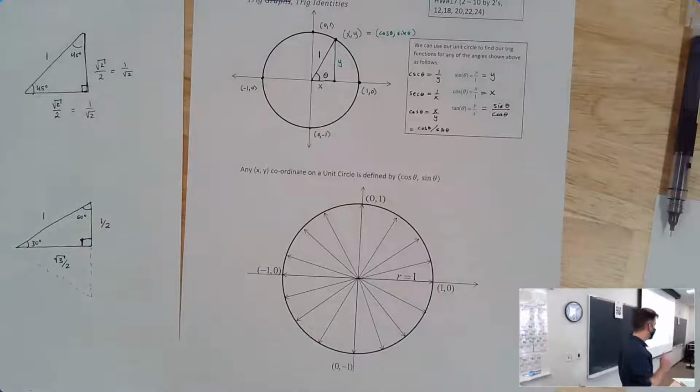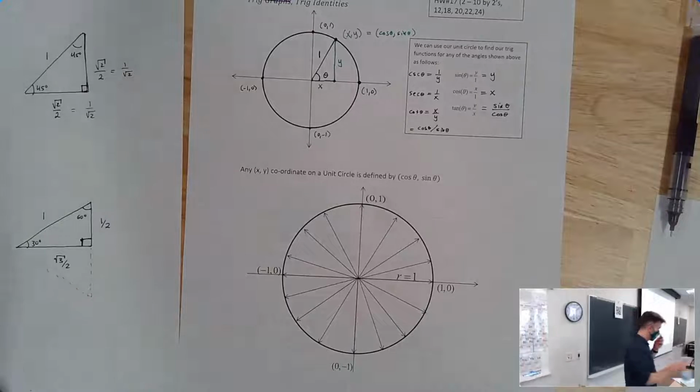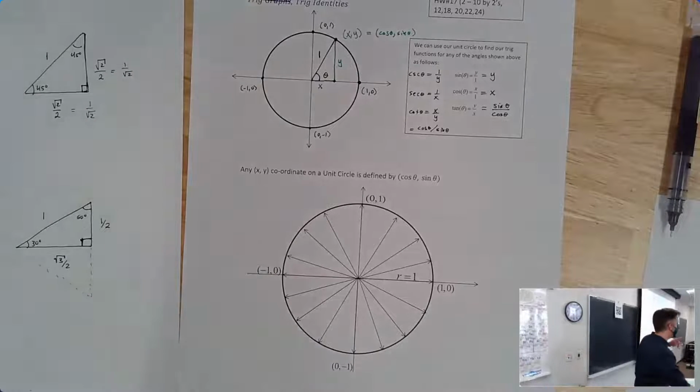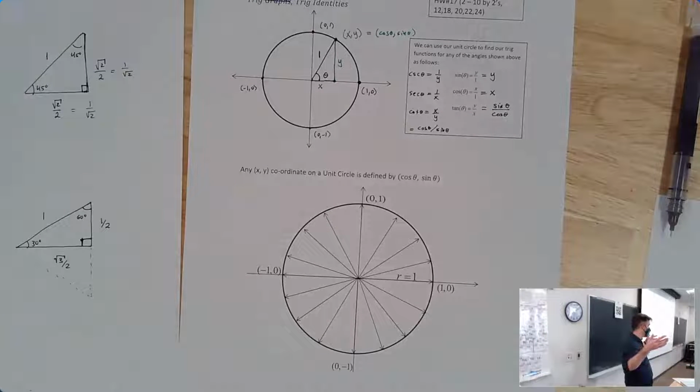Eric, you have a question? Yeah, did you put 1 as the hypotenuse because like the coordinates are 1 or something? I put 1 as the hypotenuse because the circle is the what circle? The unit circle. And the unit circle has a radius of 1. So that's why we get to pick 1, because we are deciding this circle is a unit circle, has a radius of 1.